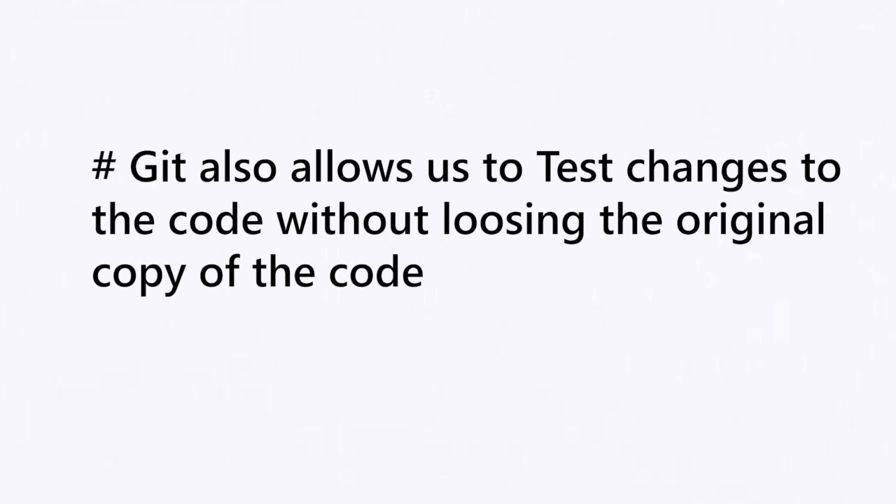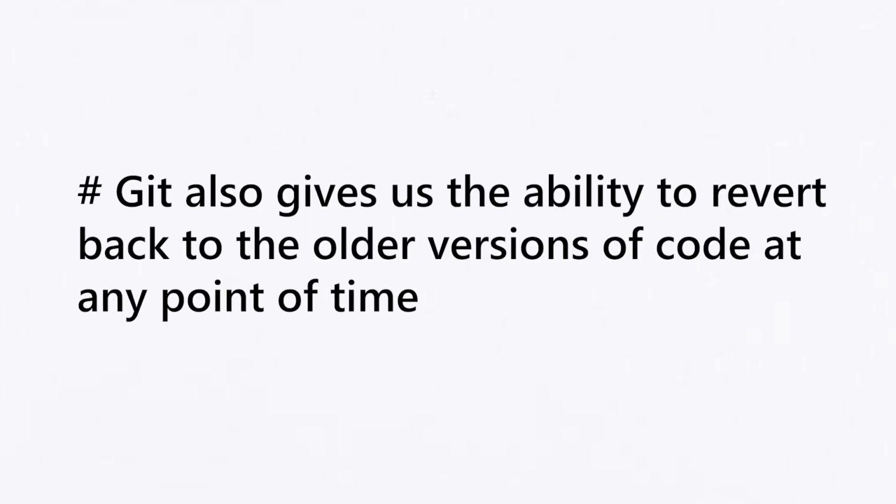The original copy will be maintained by GitHub, and now you can make changes and test the code. And it also gives us the ability to revert back to the original copy of the code at any point of time. Okay, so let us come into the topic of GitHub commands and tools.